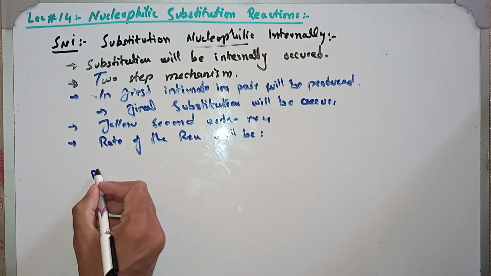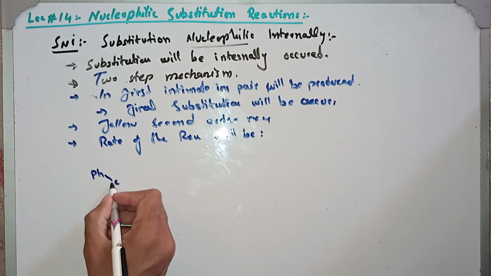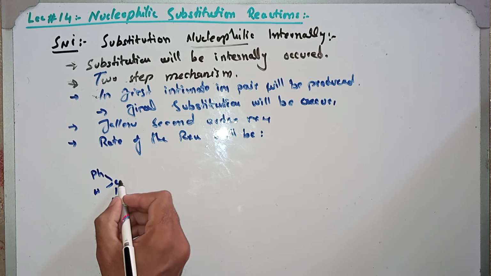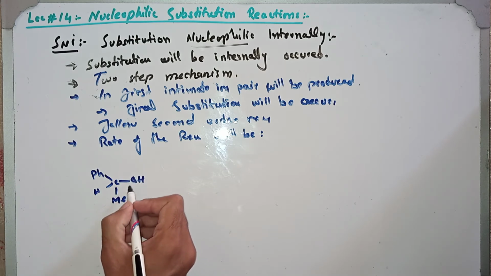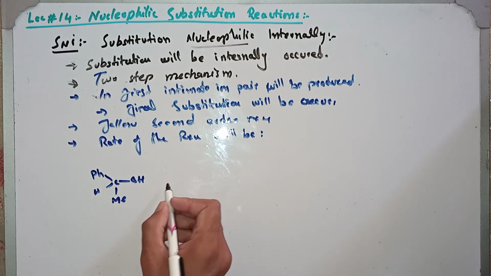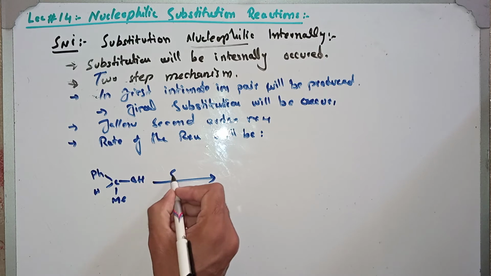One example is when phenyl is attached to carbon and methyl also. Here OH is initially attached, and OH will be replaced in the presence of SOCl2.